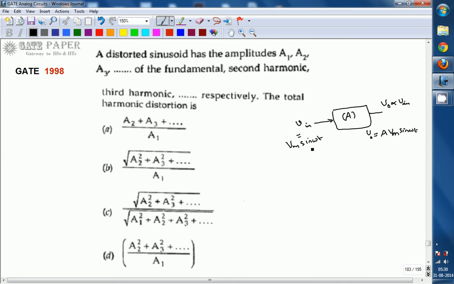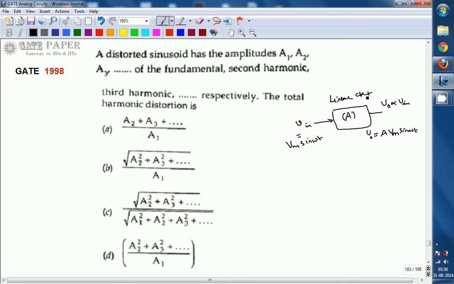Then the output consists of a single frequency omega, and the input also consists of a single frequency omega. Output and input have only a single frequency. By that time the circuit is called a linear circuit.